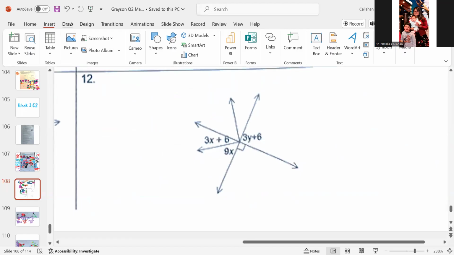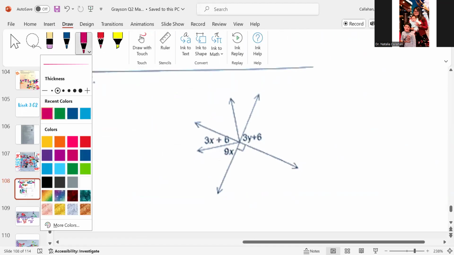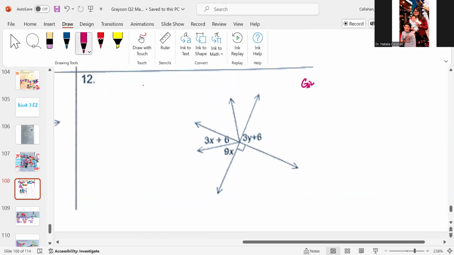Okay. What do you see here? What's given to you? You have a 90-degree angle right here, correct? Which means everything here is 90, 90, 90, 90, correct?